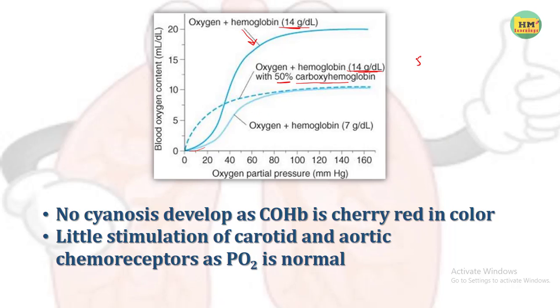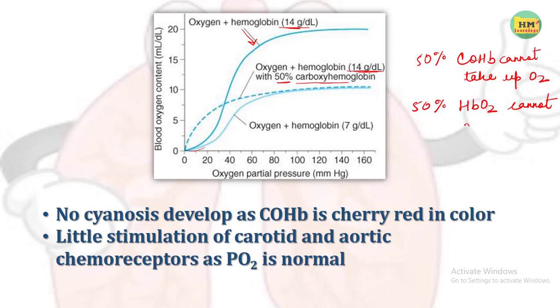So 50% hemoglobin is carboxyhemoglobin that cannot take up the oxygen because carbon monoxide is not allowing it, and the remaining 50%, which is actually the HbO2 oxyhemoglobin, is not able to release the oxygen to the tissues. Cannot release oxygen to tissues.